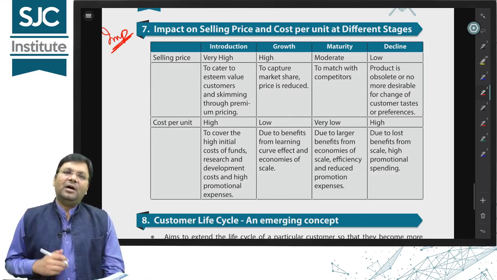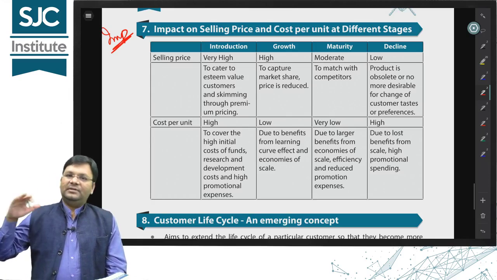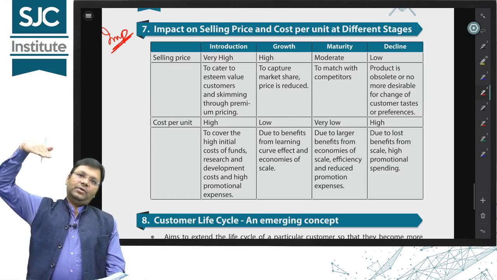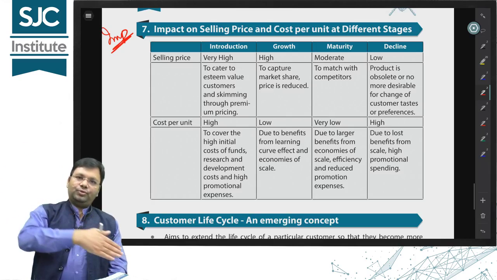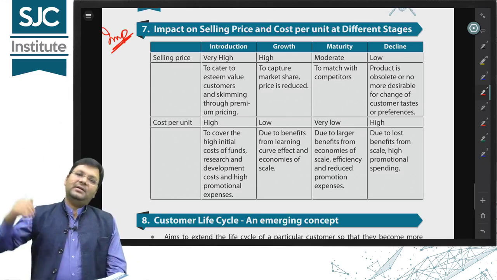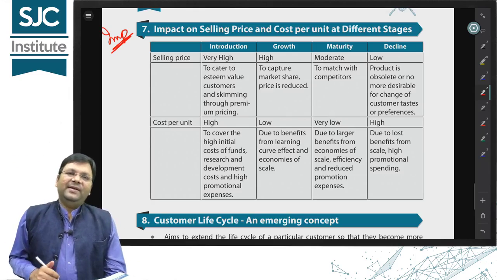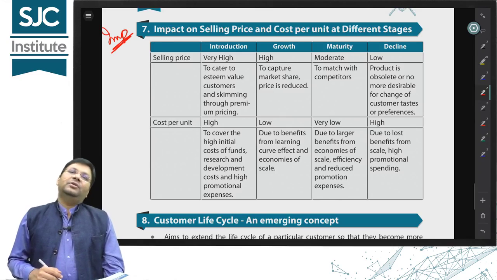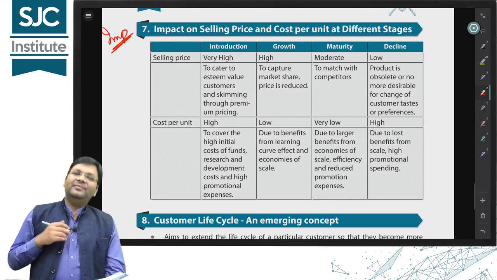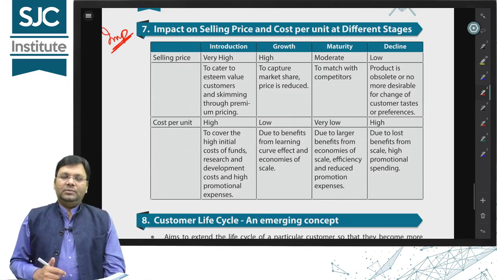Why they change and how they change. So first, for selling price, you understand, it flows from higher to lower. In introduction phase, it will be very high. In growth, it will be high. In maturity, it will be moderate. In decline, it will be low.